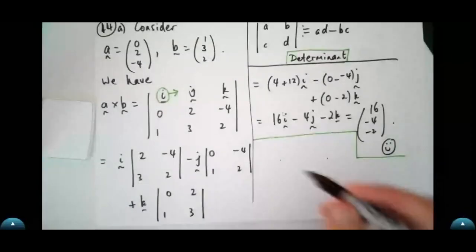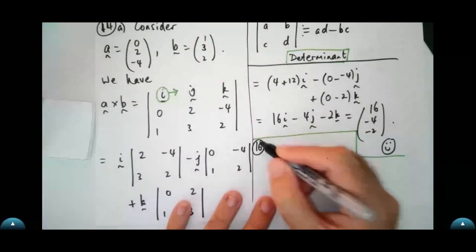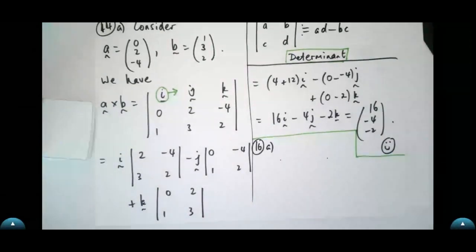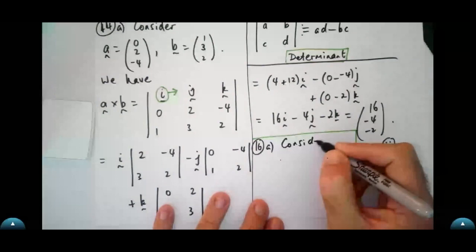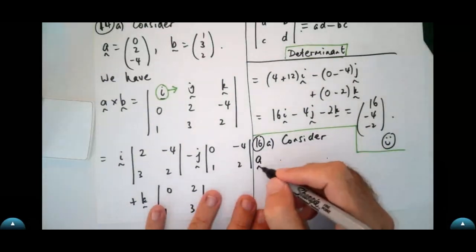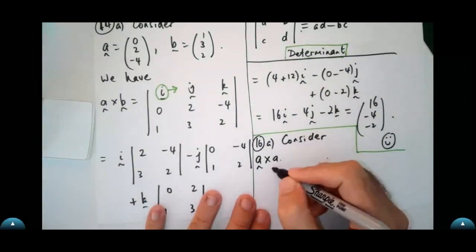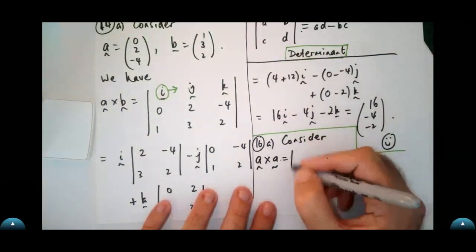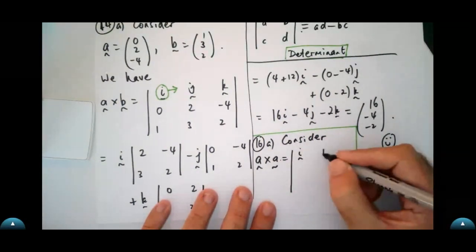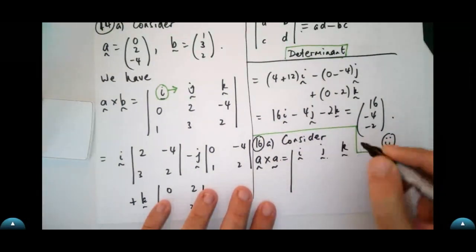Okay, so this is now 16 part A. So consider, please, A crossed with itself. The way I'm going to evaluate that is using the determinant method.